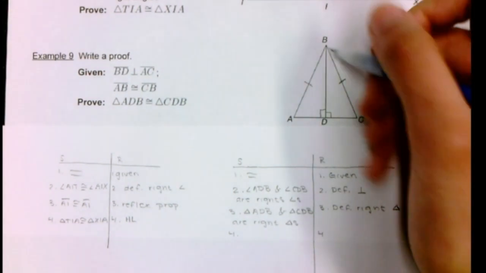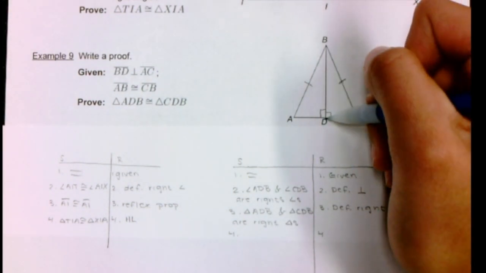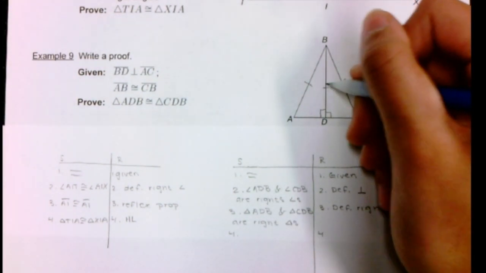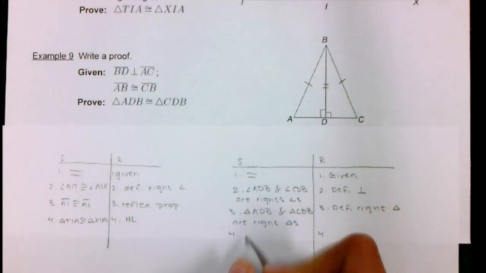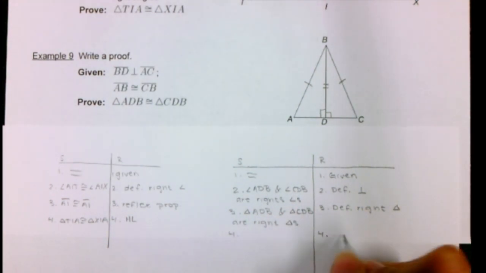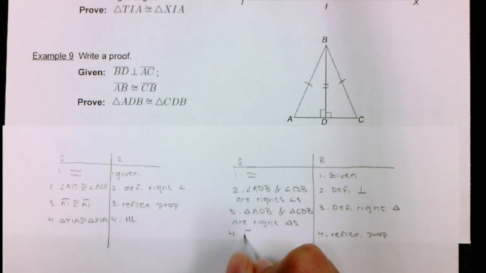Now we need to show that side BD is congruent to itself. Using the reflexive property, side BD is congruent to side BD.